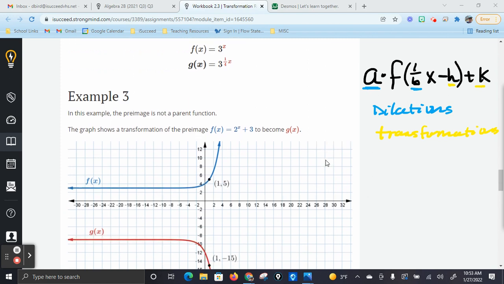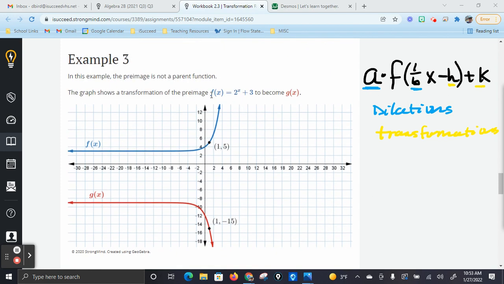Okay, last example here. Now we have an original graph that has its own transformation of +3. So this entire function has been shifted up from just the original 2 to the power of x. No big deal, but how does the blue graph compare to the red graph?